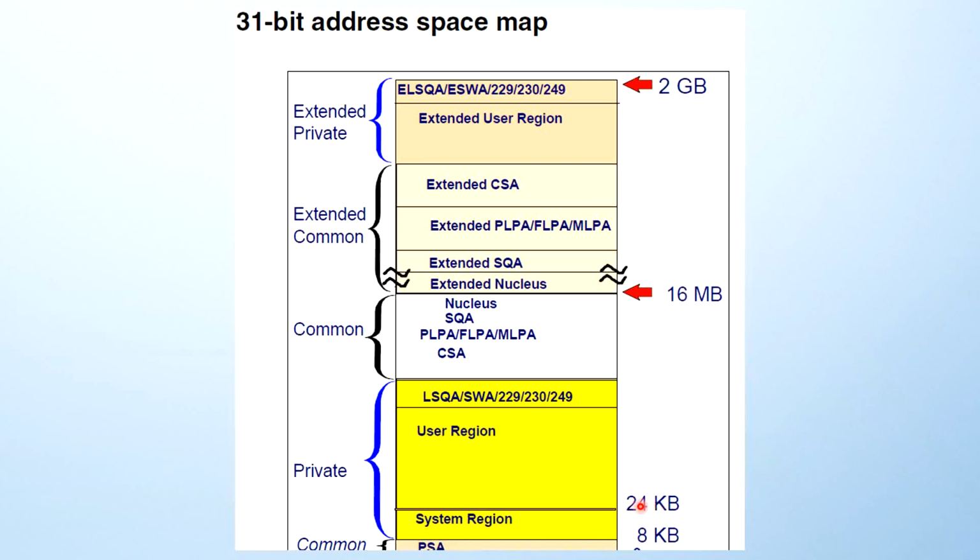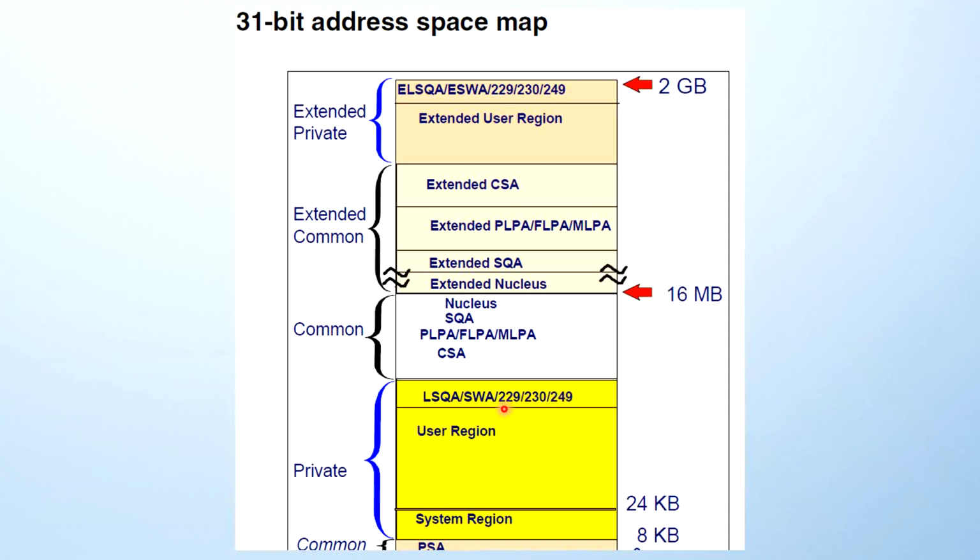This is the system region which we were subtracting to calculate the region value. That is like 24 minus 8, it would be 16. You need to eliminate it. The system reserves it for itself, so you cannot use this area, and you need to even consider the size of this LSQA and this part.